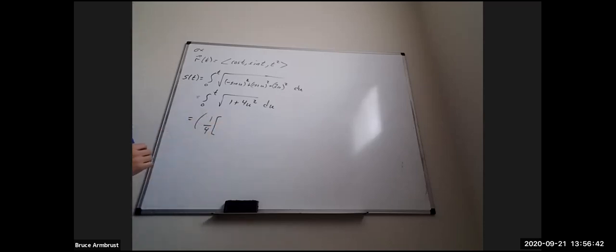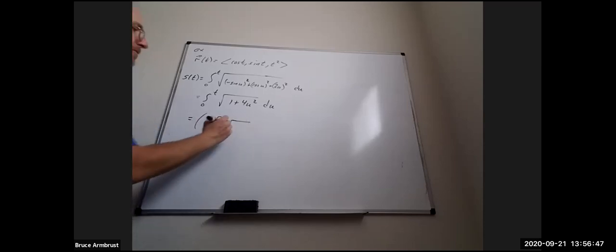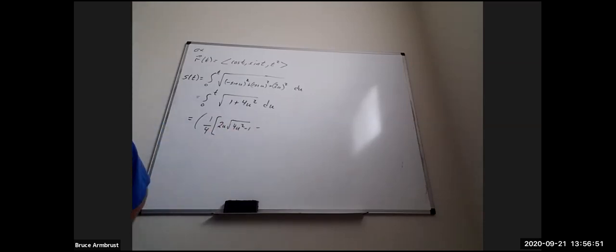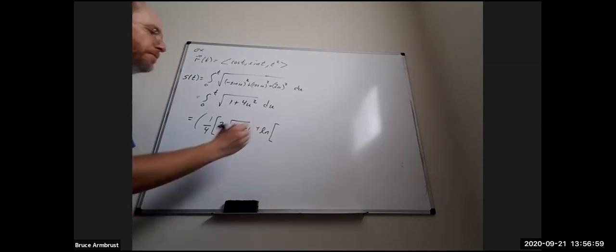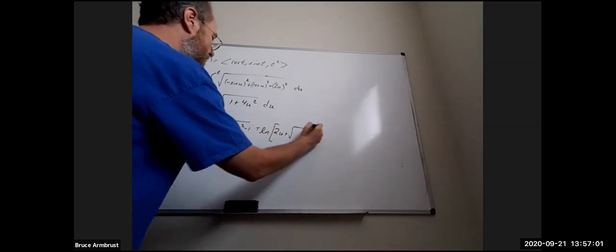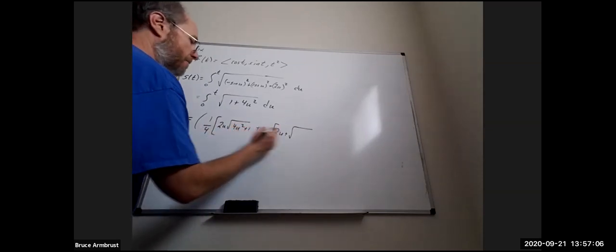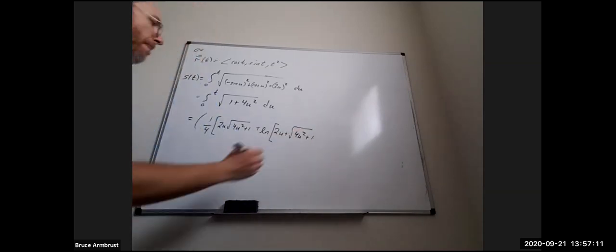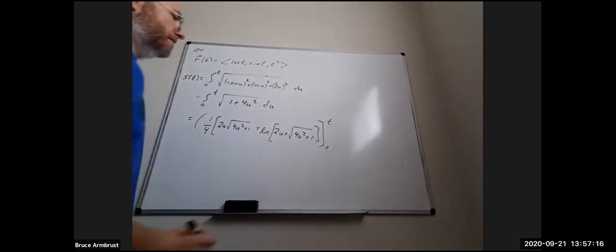So we get 1/4 times 2u times the square root of 4u squared plus 1, plus the natural log of 2u plus the square root of 4u squared plus 1, that we're now evaluating at 0 and t.